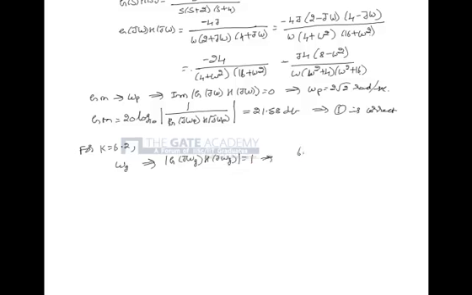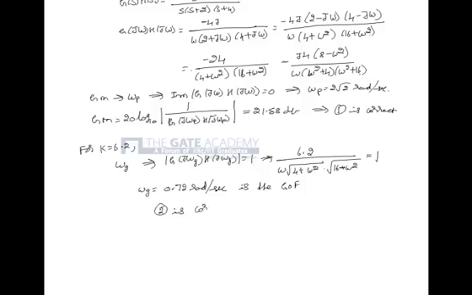That implies 6.2 divided by omega multiplied by square root of (4 plus omega square) multiplied by square root of (16 plus omega square) is equal to 1. On substitution, we see that omega g equal to 0.72 radians per second is the gain crossover frequency. So the statement 2 is also correct.